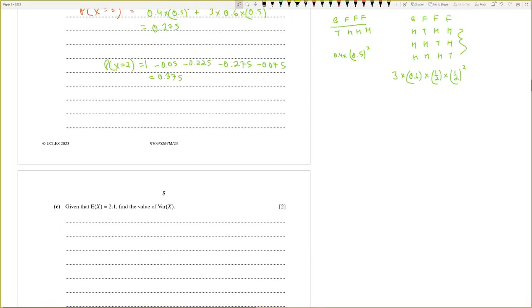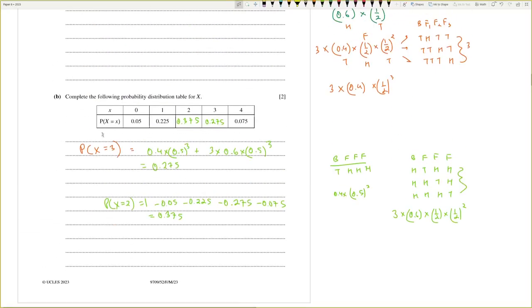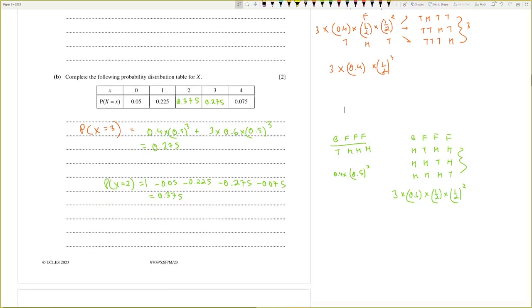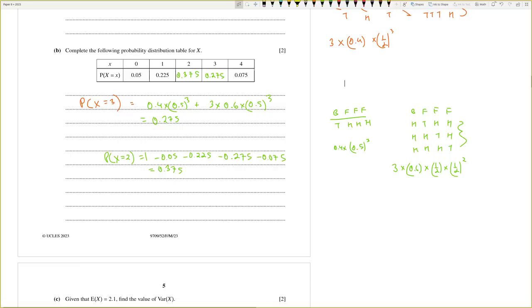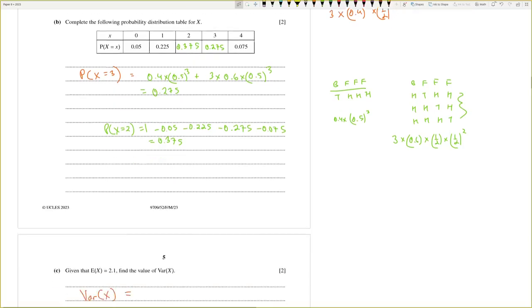Given that expectation is this, find out the variance. We know that the formula for variance is the summation of x square into the probability minus the expectation whole square. So let's begin, shall we? It's x square times probability.